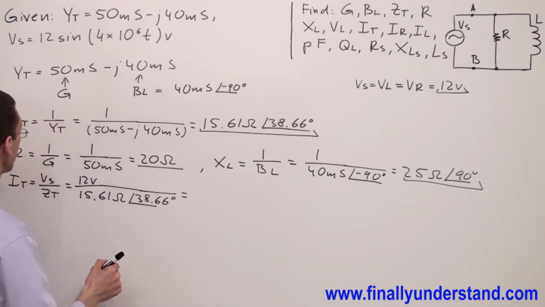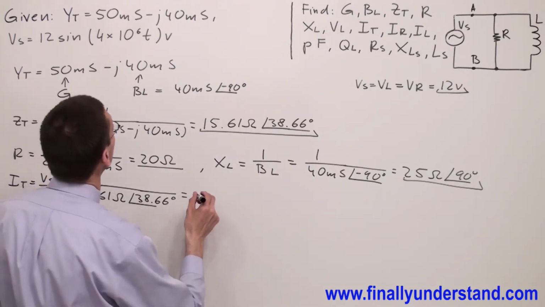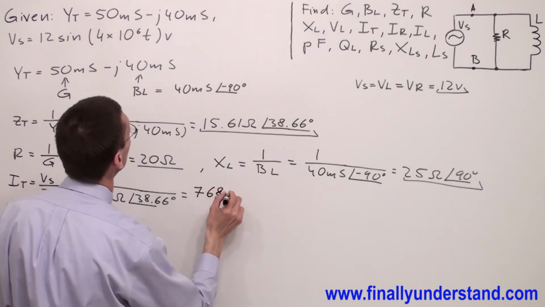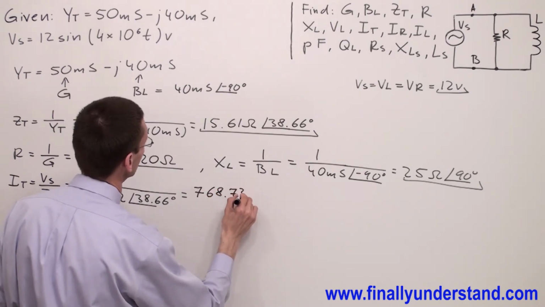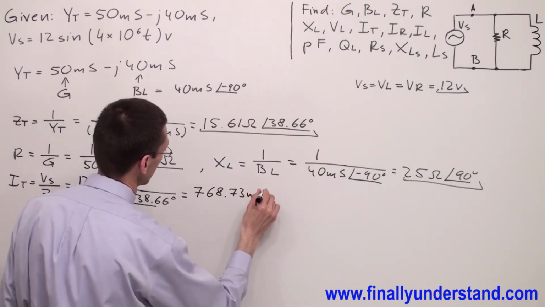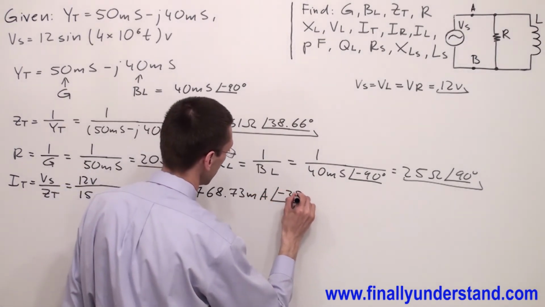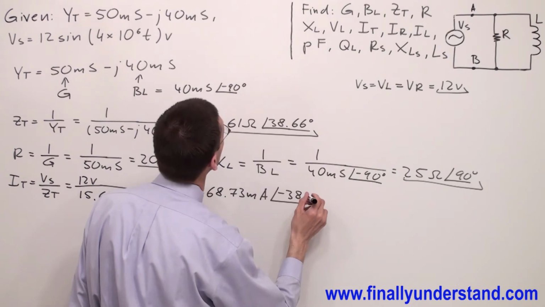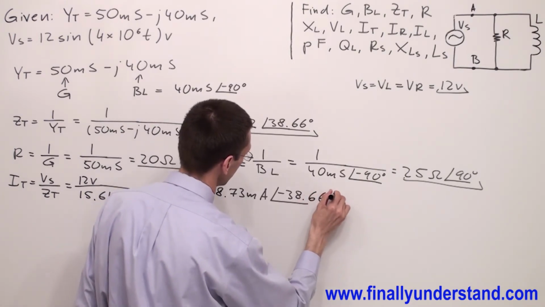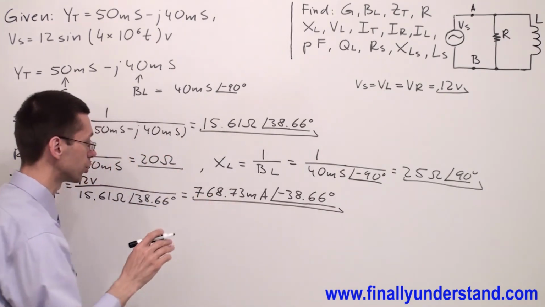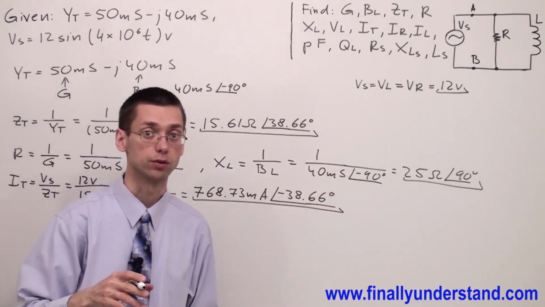This is equal to 768.73 milliamps and angle of negative 38.66 degrees. Okay, so this is the total current in my circuit.